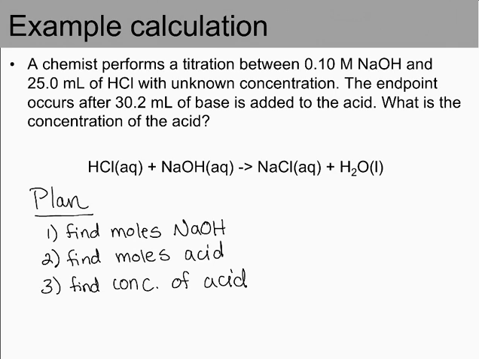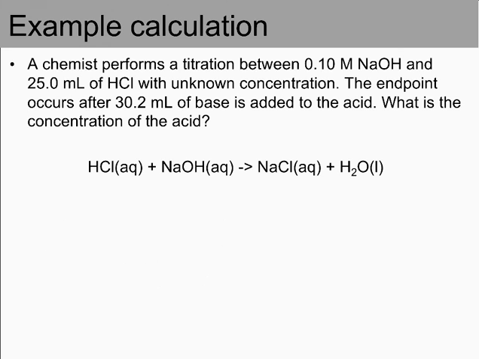So first, let's find the moles of NaOH that were added to the acid. Okay, so 1, we're going to multiply the volume by the concentration of the base. However, we were given a volume in milliliters, so we have to convert that to liters first so that our units cancel correctly.